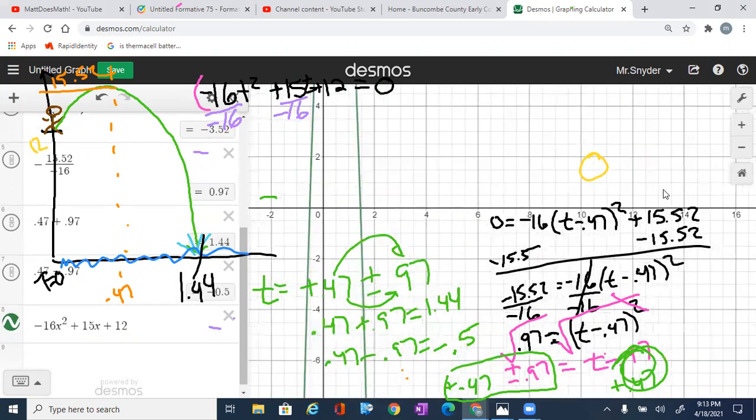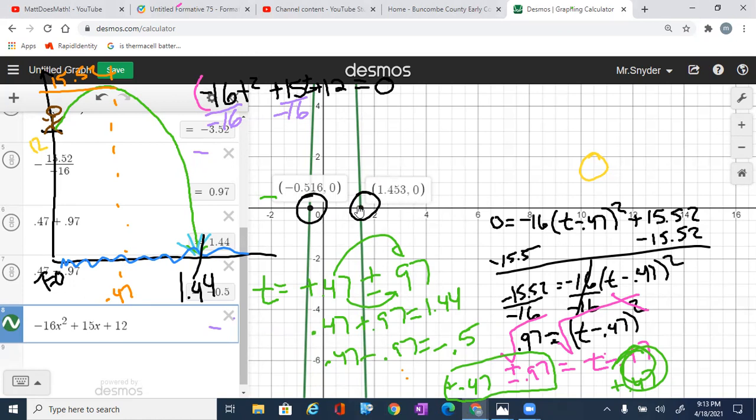Hopefully you can see those x-intercepts right here. Okay, we're checking our work. So I'm going to click on the first one, and the first one is at, guess what? Negative 0.51. We got negative 0.5. And the next one is 1.45, and what we got was 1.44. So just a reminder, we were finding the x-intercepts and we were doing that by completing the square.